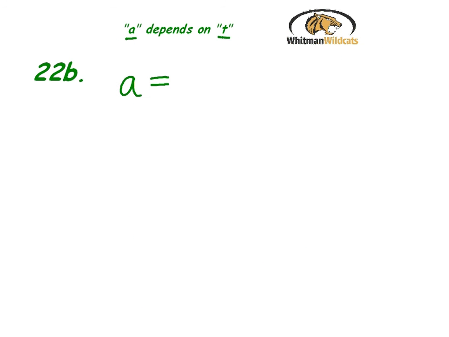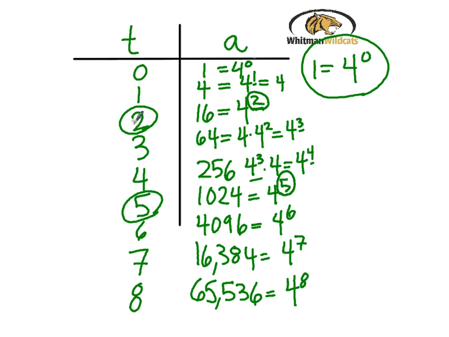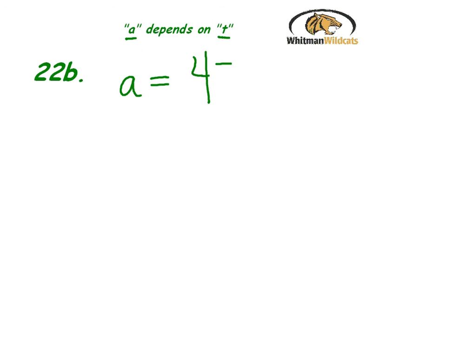So we know it's going to be 4 to some power up here. We don't know what it is. Well, all you do is take the independent variable T, and you put it right in as the exponent of 4. So we can actually say 4 to the T power is what's equal to A. So now we've got our equation.